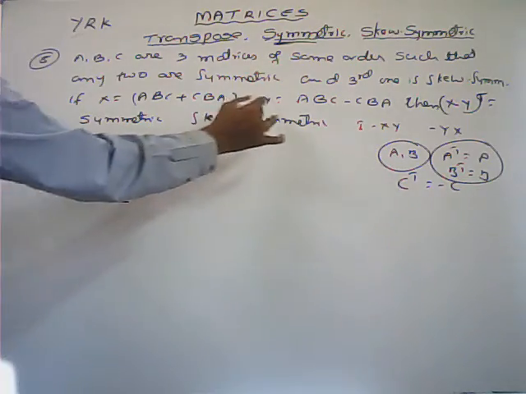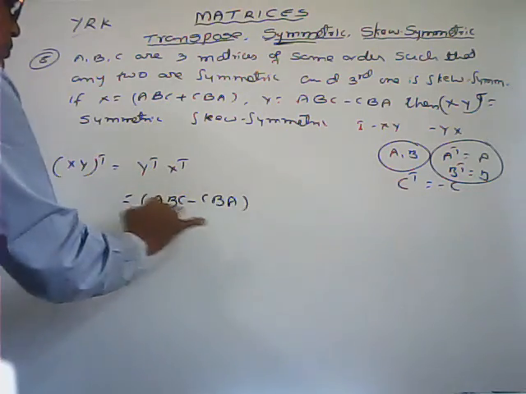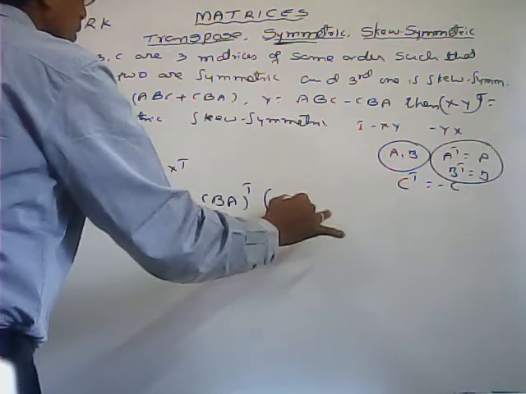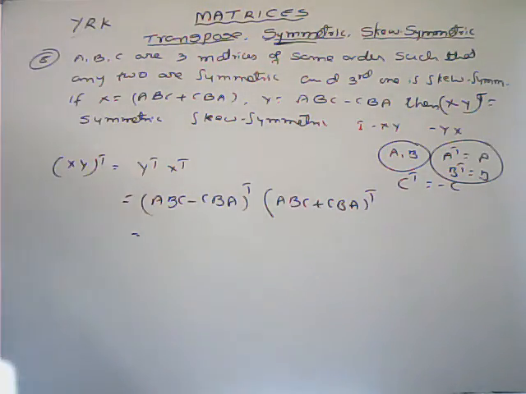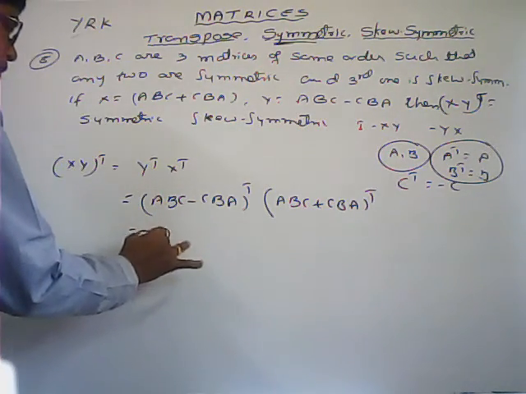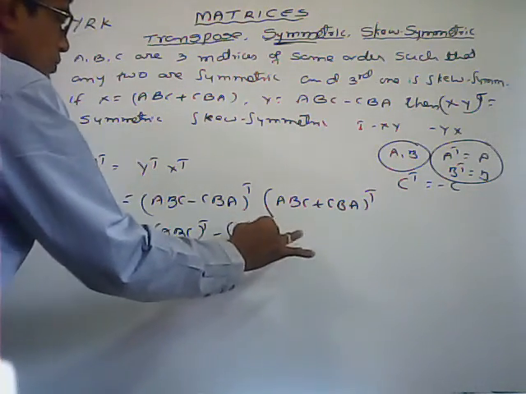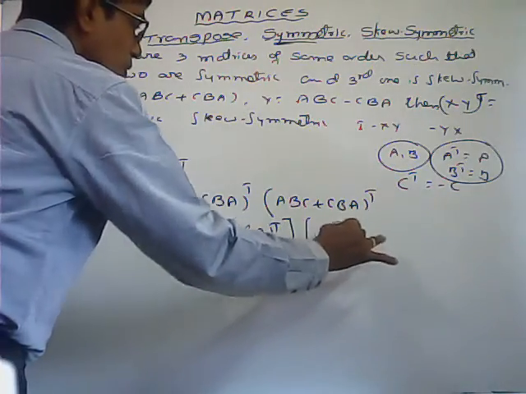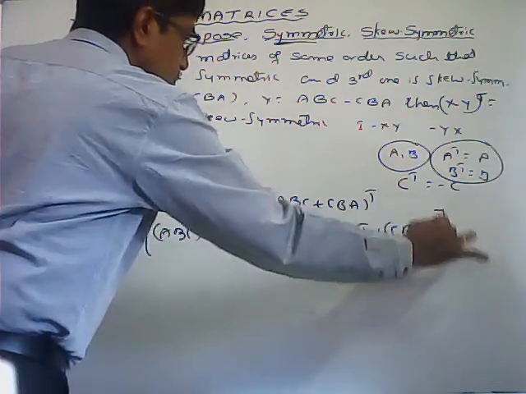What about the Y value here? (ABC minus CBA) whole transpose into, what about X transpose? (ABC plus CBA) whole transpose. (A plus or minus B) whole transpose we can write as A transpose plus or minus B transpose only. So here (ABC) whole transpose minus (CBA) whole transpose into (ABC) whole transpose plus (CBA) whole transpose.